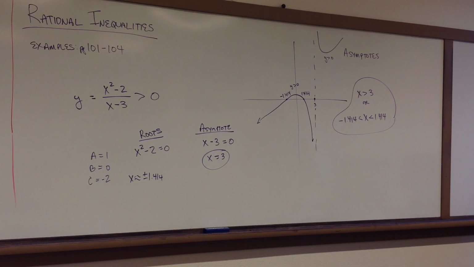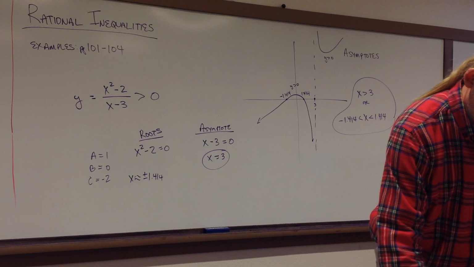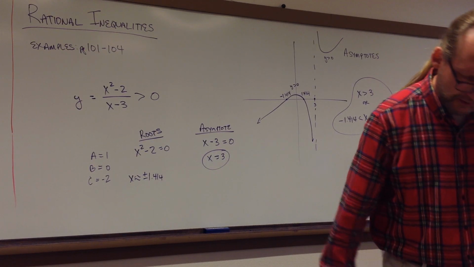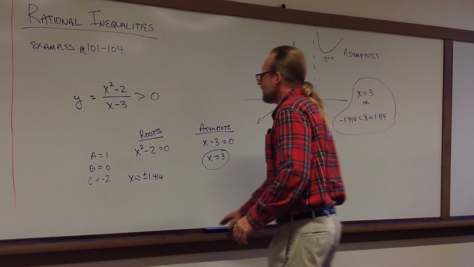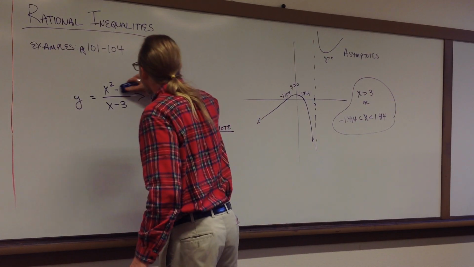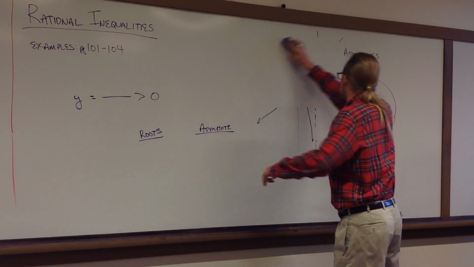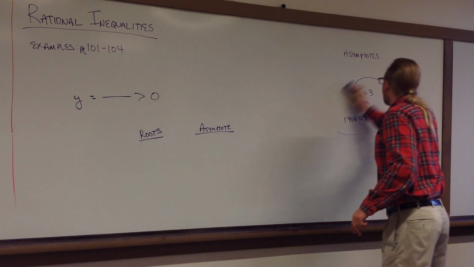All right. One more example, and then we'll look at a few problems. Let's see. Our last example starts over on page 103. So let's get everything ready for that.